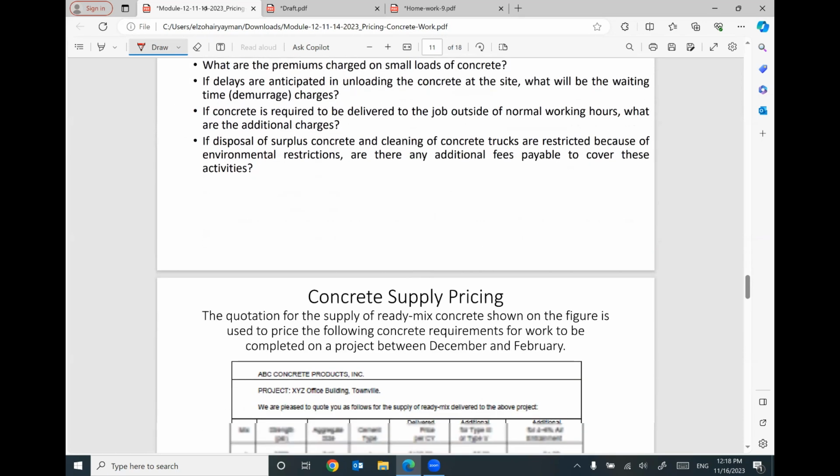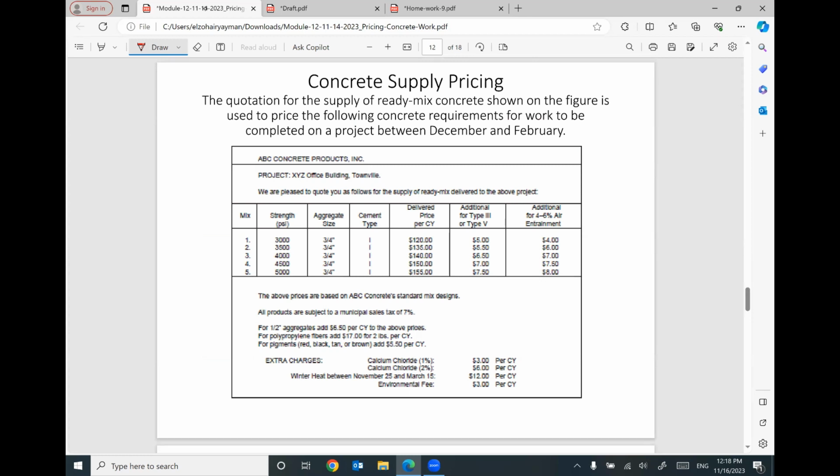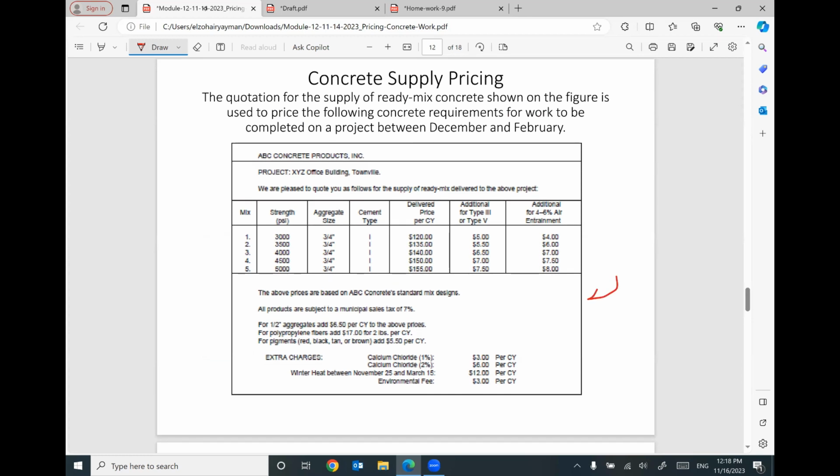For example, the person who will respond to your call will have a table like this one. The basic price for any concrete must be based on the strength you need. Keep in your mind, this is outside the scope of this course. Concrete to pour foundation is different than concrete for columns, floors, or just a parking area.